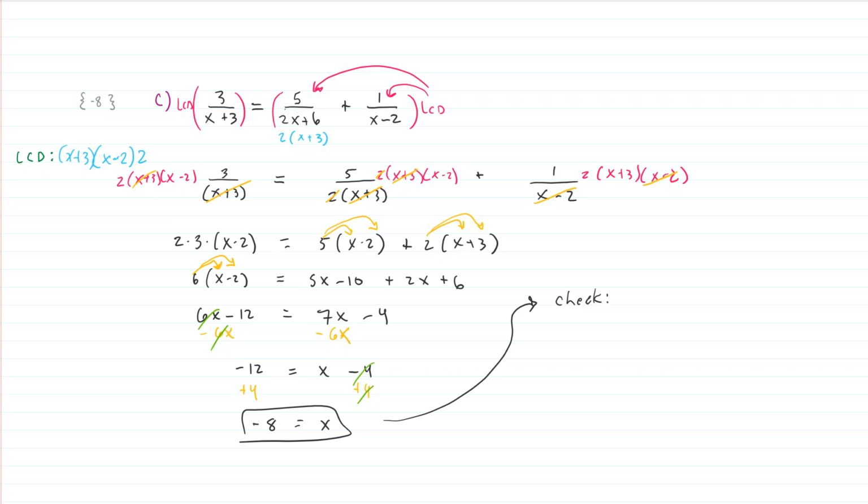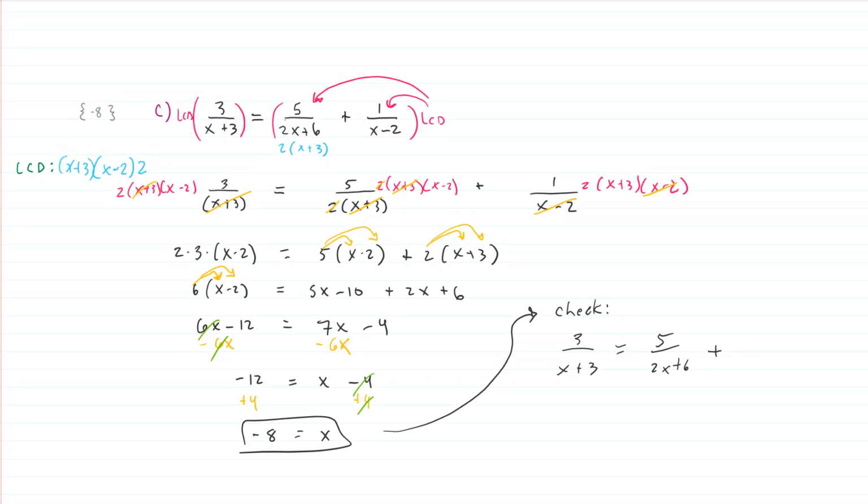So if I'm checking x equals negative 8, then I have my original, which is 3 over x plus 3 equals 5 over 2x plus 6 plus 1 over x minus 2.